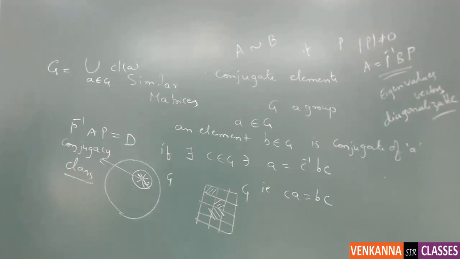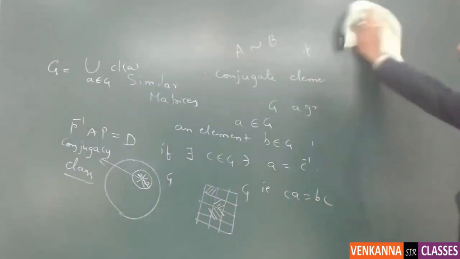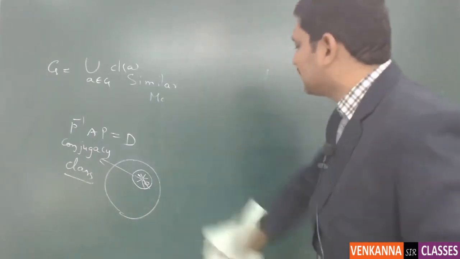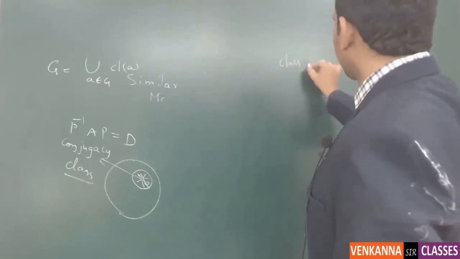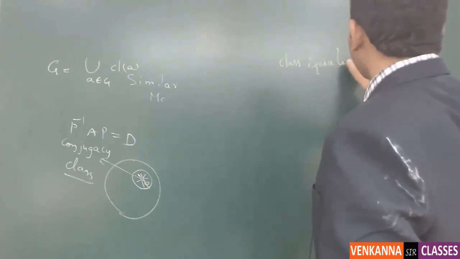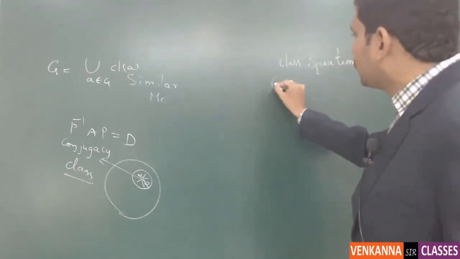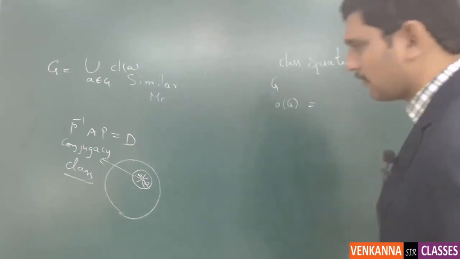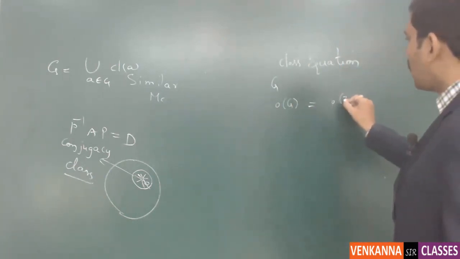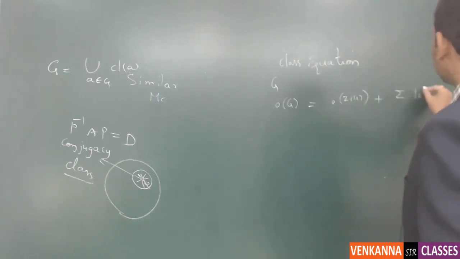And from this point of view, we define a formula that we call the class equation. So if you take a group G, then the order of the group is equal to the order of the center plus the order of the conjugacy classes.